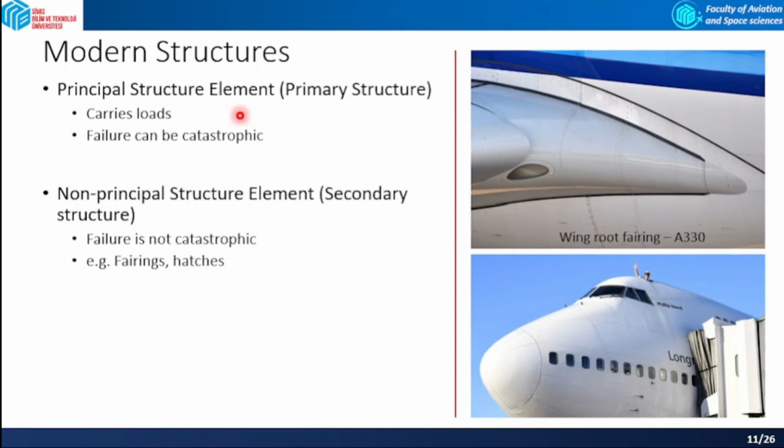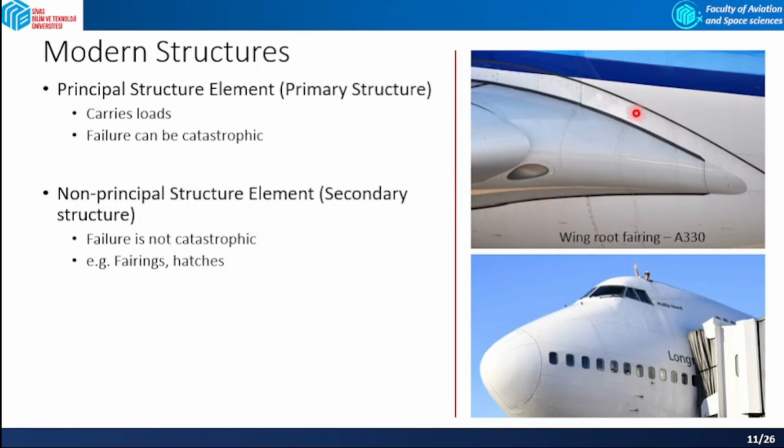On the other hand, you have the secondary structures, which bear smaller loads and serve protective purposes and provide access to compartments. Examples of these include the hatches, like this hatch, and fairings. You see the fairings for aerodynamic reasons.